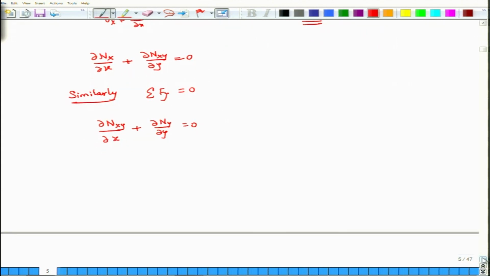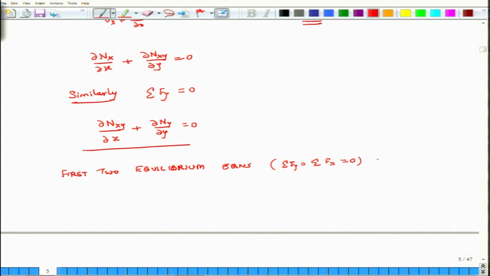So, what we see is that the first two equilibrium equations, and what are these first two equilibrium equations? They correspond to the condition summation of fx is equal to summation of fy is equal to 0.